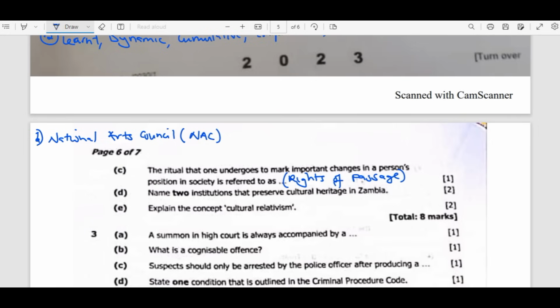And then the other one that we can give is Ministry of Education.